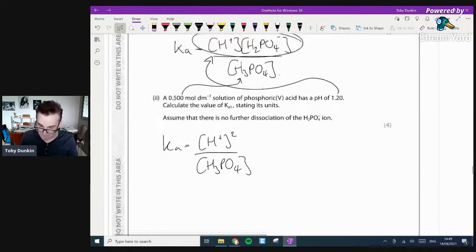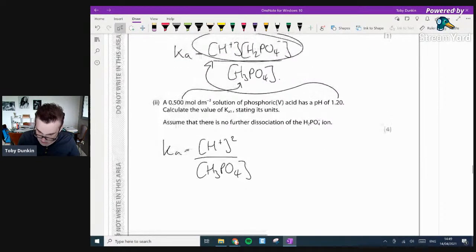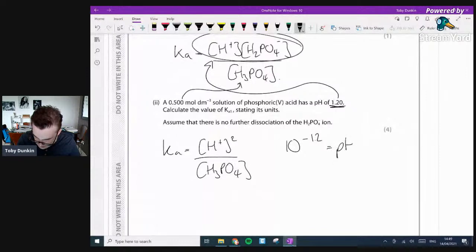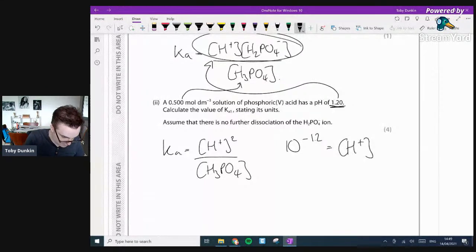Now, the great thing is I've got everything I need. I just need to insert everything. I've got to convert the pH into [H+]. So 10 to the minus pH will give me the H+ concentration. So shift log minus 1.2 equals 0.0631.